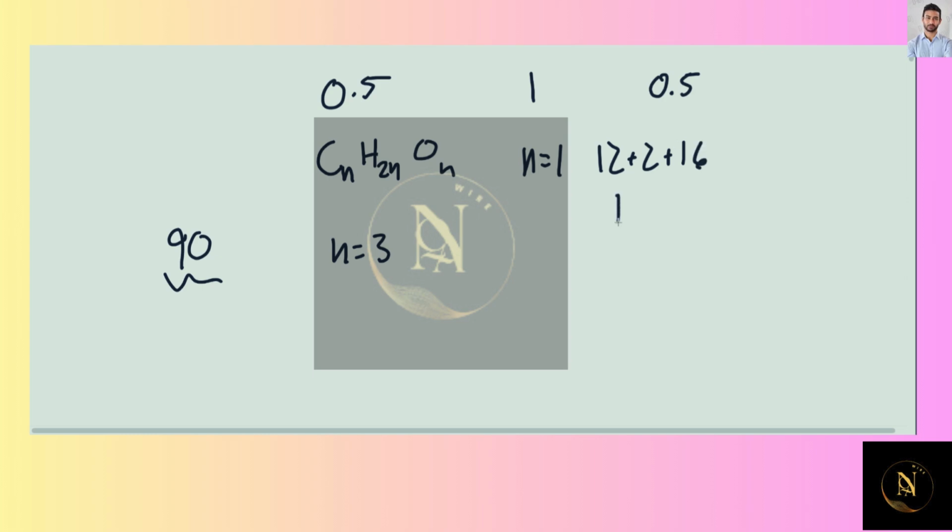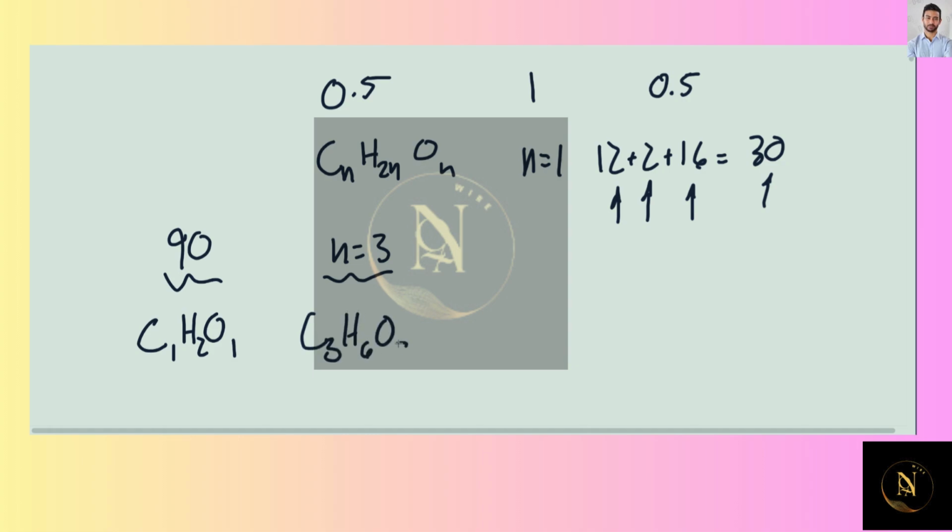Right, these are the molecular weight of 1 carbon, molecular weight of 2 hydrogens, molecular weight of 1 oxygen equals 30. So we know n equals 3 because 3 times this 30 is going to give us 90. Basically, what that is saying is that the empirical formula is C1H2O1, and that the molecular formula is C3H6O3.